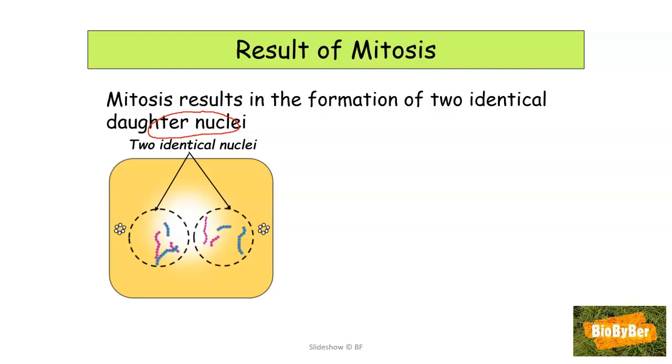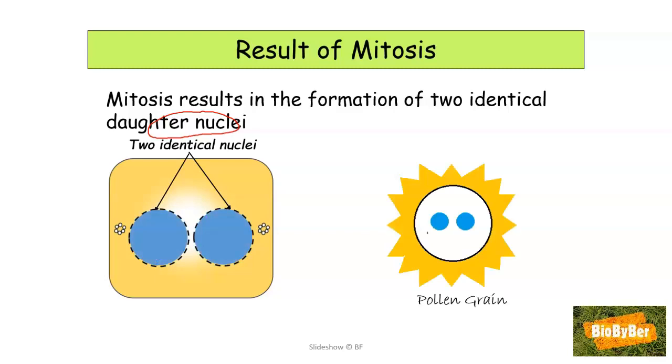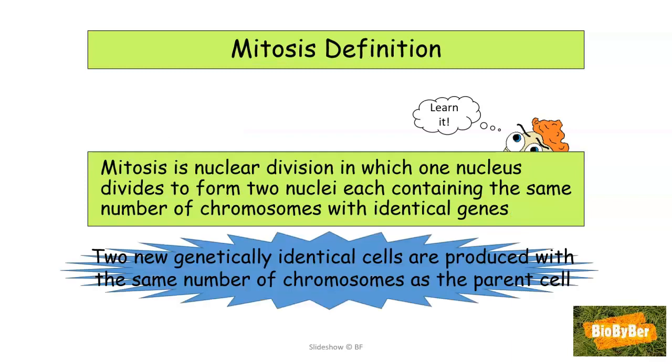We see that in the formation of the pollen grain, whereby the pollen grain nucleus divides by mitosis, leading to the formation of two new nuclei, the tube nucleus and the generative nucleus. However, under normal circumstances, mitosis, division of the nucleus, is followed by cytokinesis, or division of the cytoplasm, leading to the formation of the two genetically identical cells.